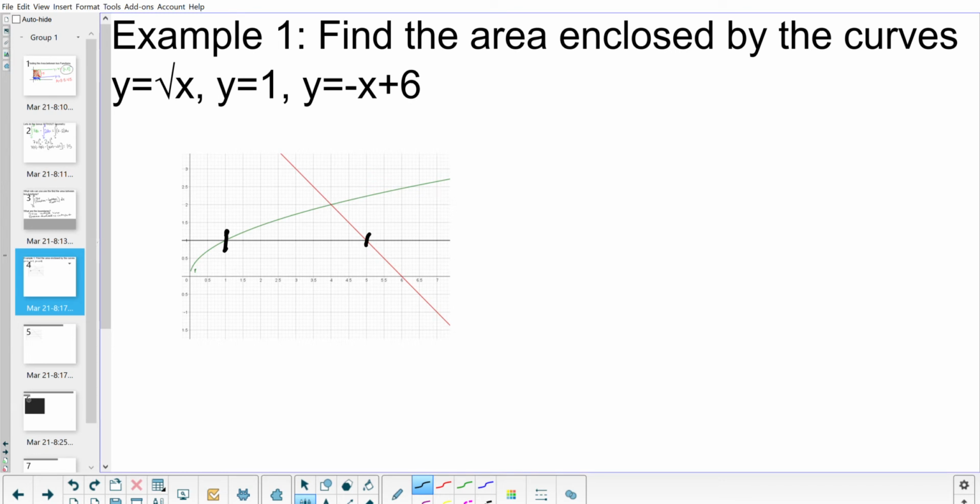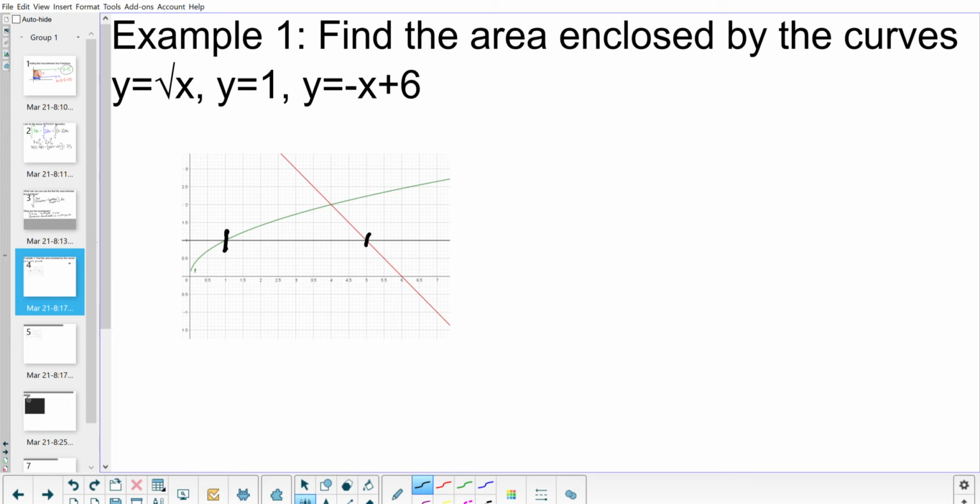However, as I move my way to the right from 1 to 5, it's going to be the green function on top over the black function. Okay, green over black. But it's not like that the whole time. It's only green over black until 4. And then at 4, it's red over black. So my point is that the top function switches. It's not always the same one.